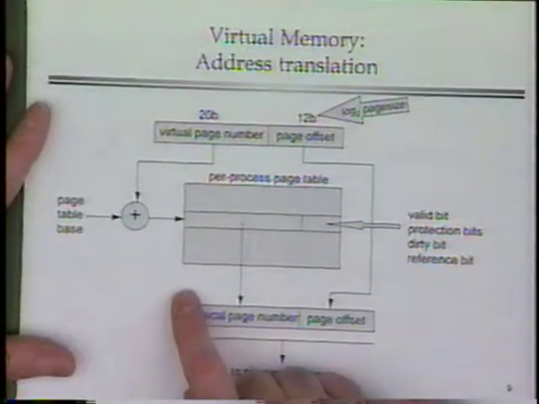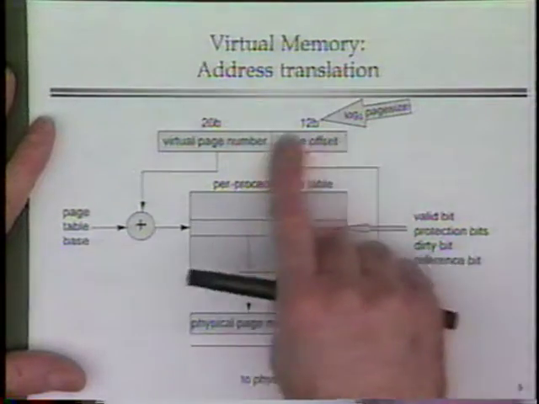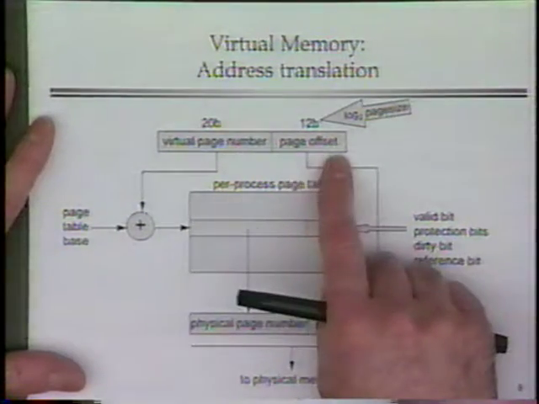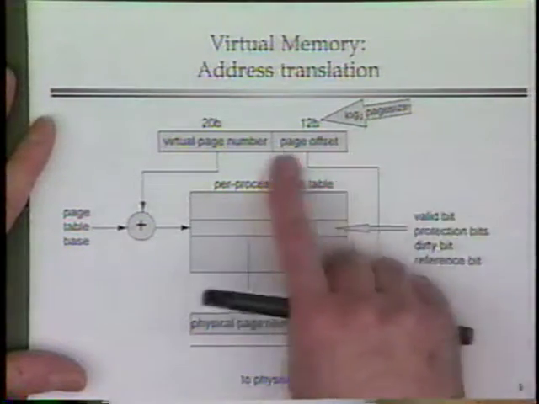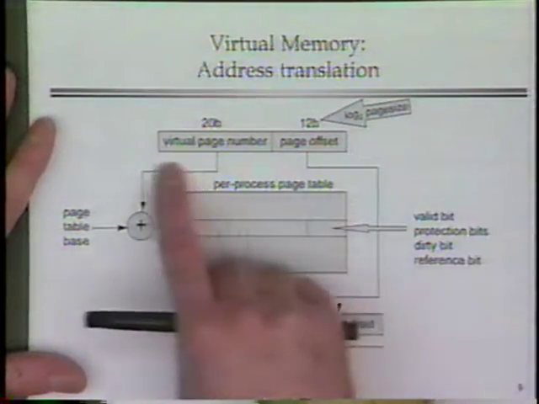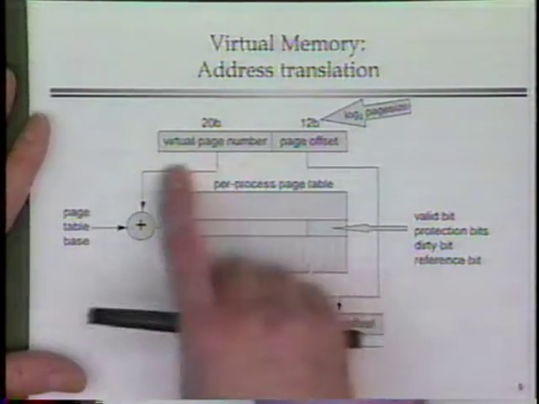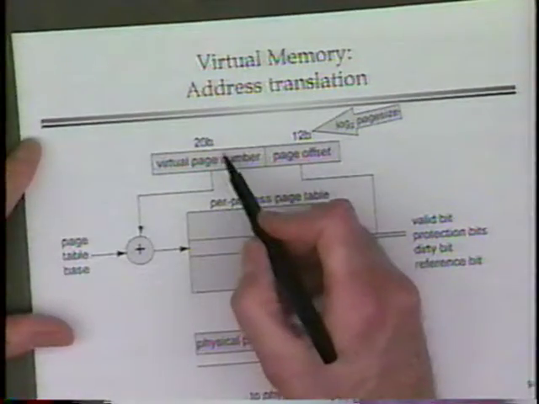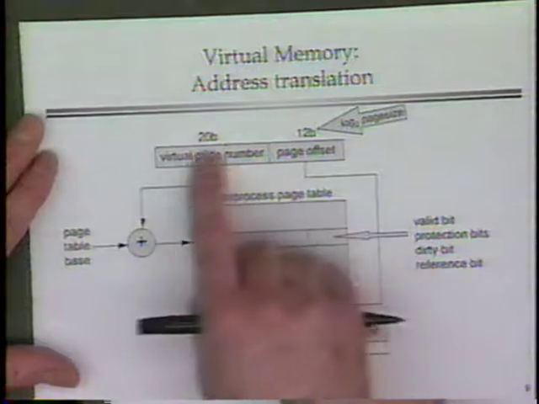Okay, what's the process for doing the address translation? Well, it's very much like doing cache lookup. You divide the address into two pieces. One is a piece which is the offset into the real page when you eventually find it. So this is a number of bits, which is the log base 2 of the size of the page. And then there's the other part, this virtual page number, which for caches we had further divided into a tag part and an index part. And in fact, we're now considering basically as one big index.